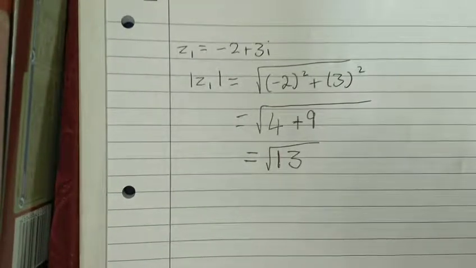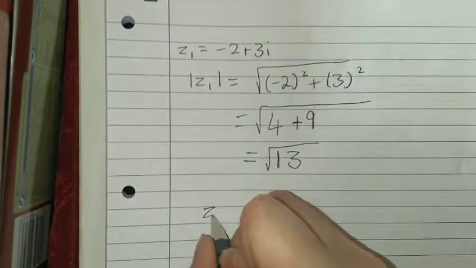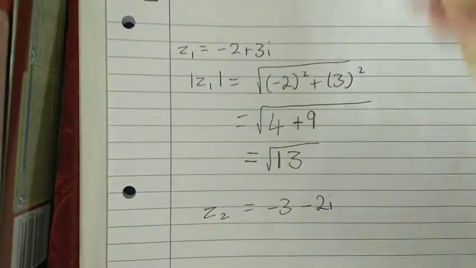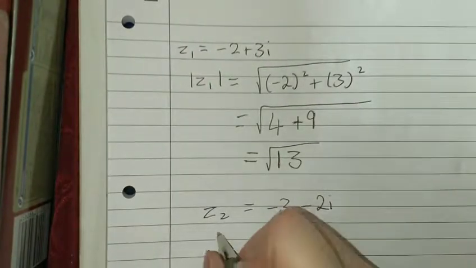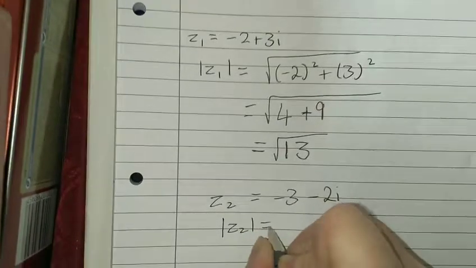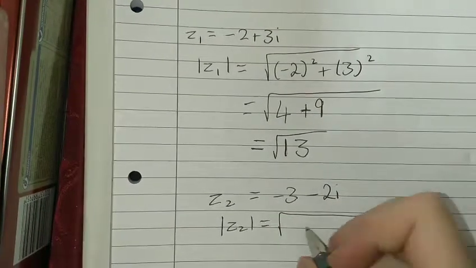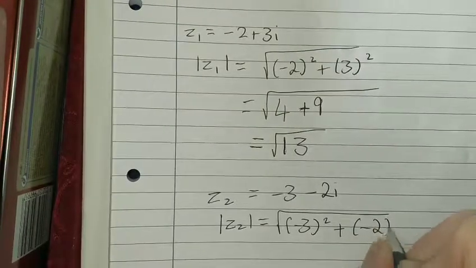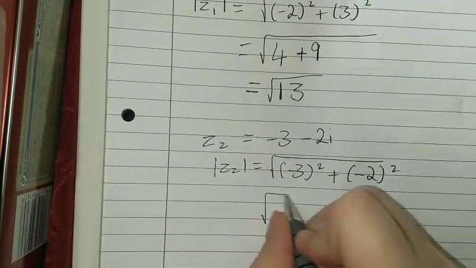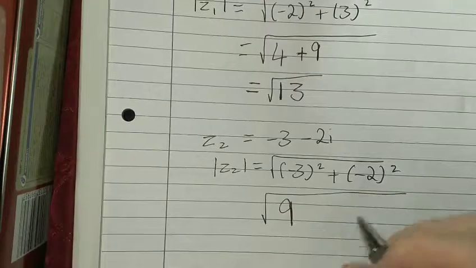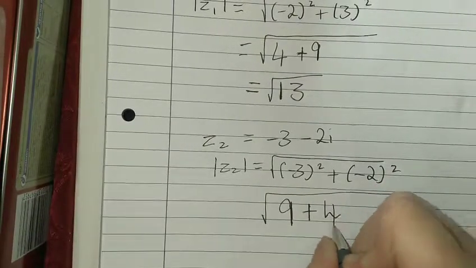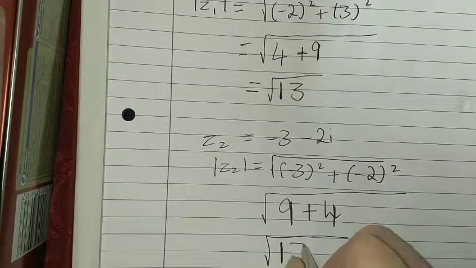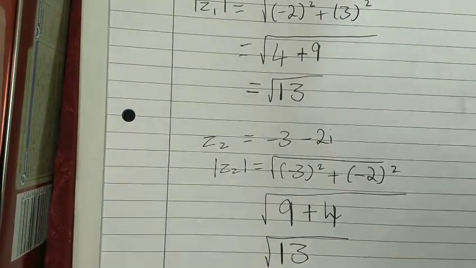If I want the modulus of Z2, Z2 is minus 3 minus 2i, so the modulus of Z2 is the square root of minus 3 squared plus minus 2 squared. Minus 3 squared is 9, minus 2 squared is 4, so that gives me the square root of 13.